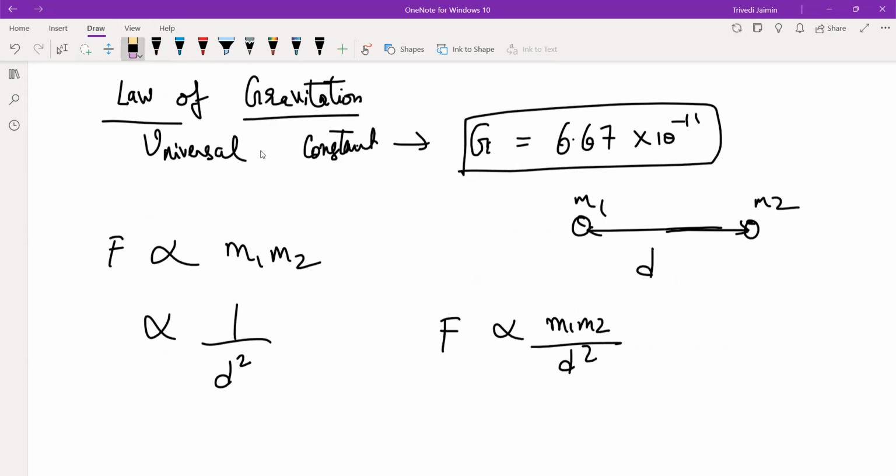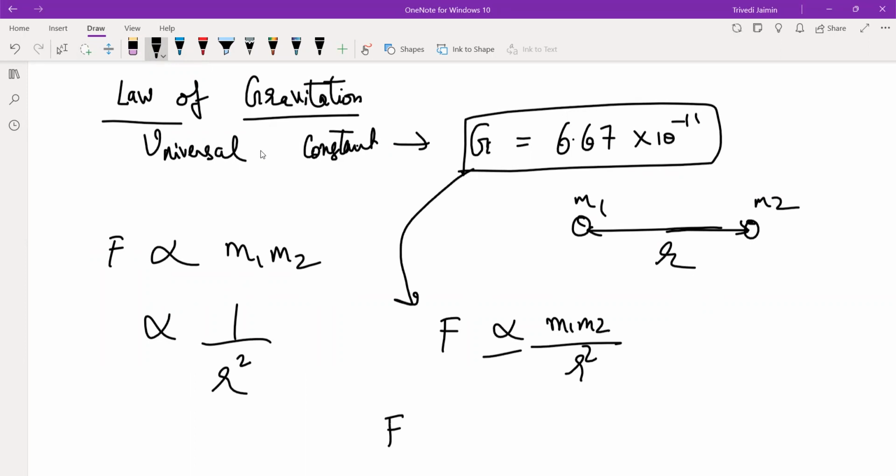Let's take R for distance; it's just notation, any alphabet can be used. When we remove this proportionality, we introduce this constant.